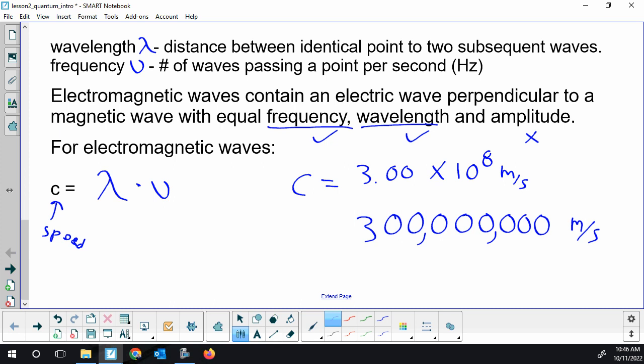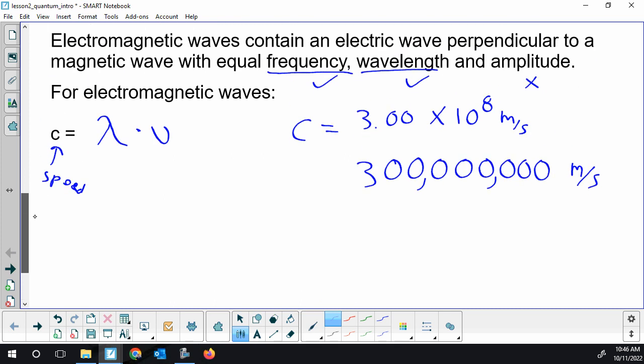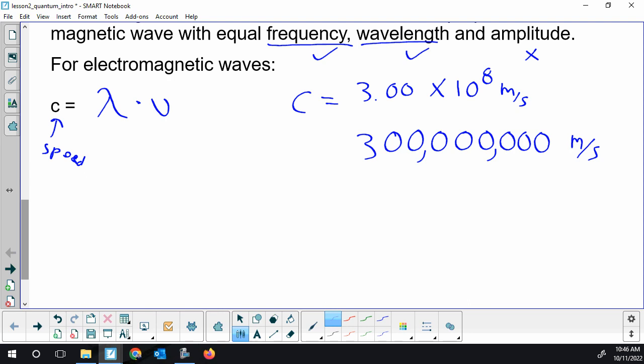I'm going to switch the units a little bit more. We're kind of used to kilometers, counting by 1,000. So I'm going to divide this by 1,000 to go from meters to kilometers. So light is going 300,000 kilometers, not in an hour, in 1 second. It's fast. Way faster than sound, way faster than any physical wave.